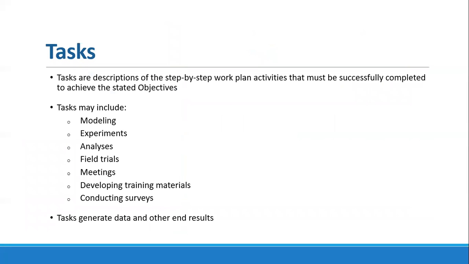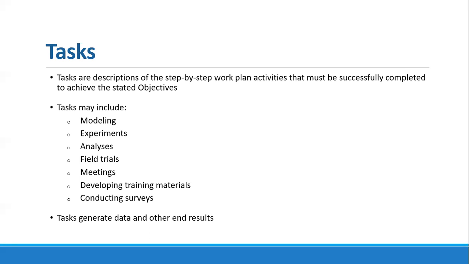Great, so then moving on to the tasks themselves. So tasks are essentially descriptions of how the objectives are going to be achieved. And these are step-by-step work plans. Tasks include things like modeling, experiments, analyses, field trials, meetings, development of training materials, conducting surveys, and much, much more.